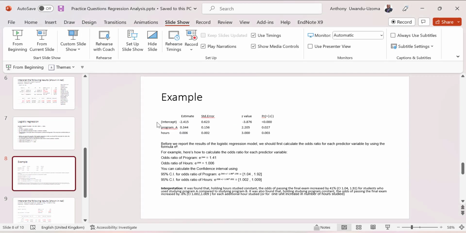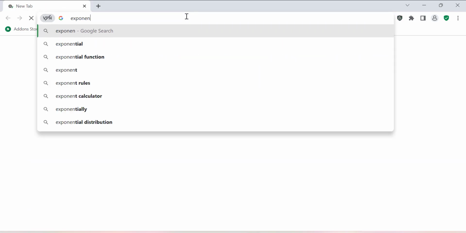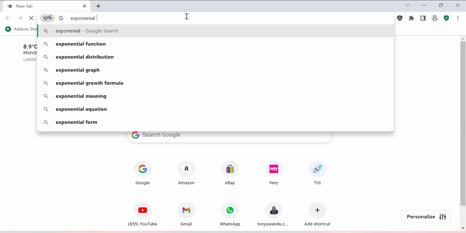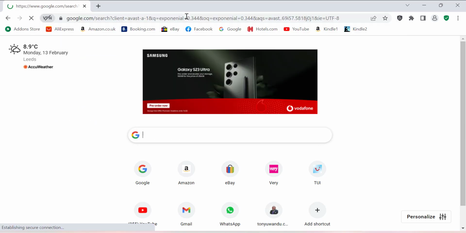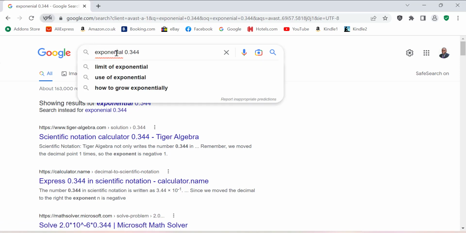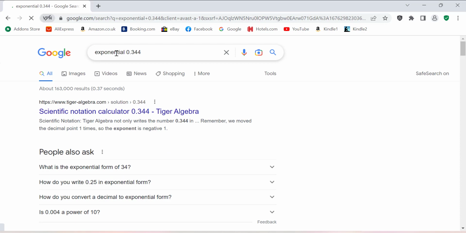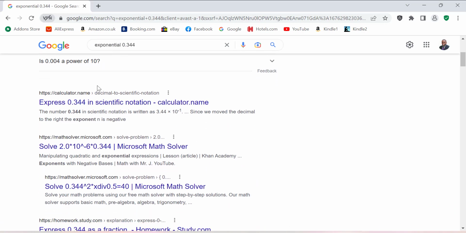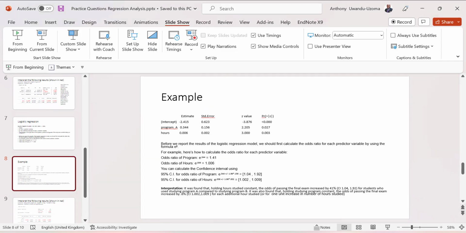So let's do that. Exponential 0.344. Okay, so exponential 0.344 will give me... Google is not giving me the answer, but basically once you press that in your calculator, you will get 1.41.